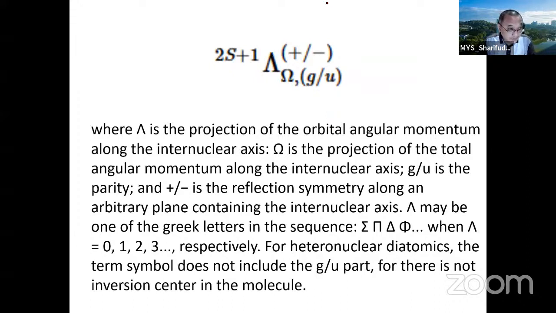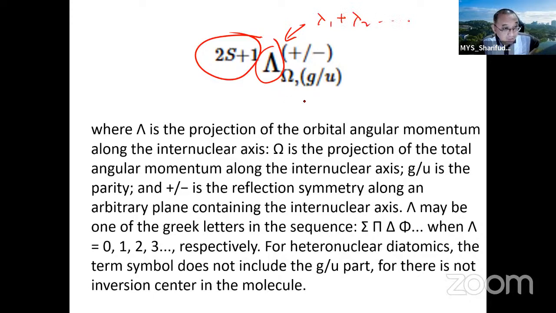Okay, 2S plus 1. That's the multiplicity. Capital Lambda is the sum of lambda 1, lambda 2, etc. And then you have your Omega there, which is the sum of spin and angular momentum, and whether it's gerade or ungerade.